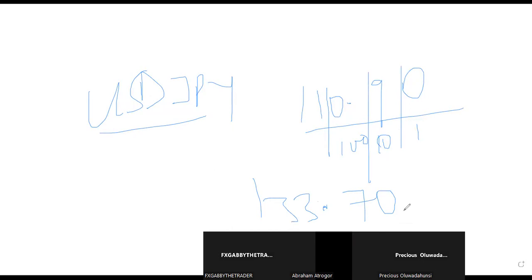Let's know how many pips this USD JPY went up. 0 is here, 9. 9, we're having 7. So mark that. Under 0 here, we're having 3.